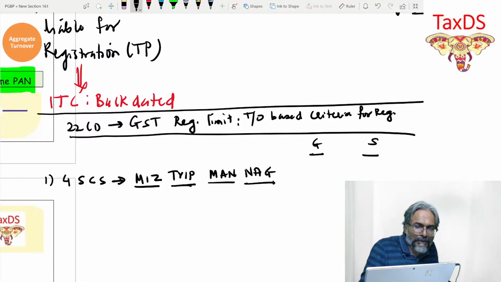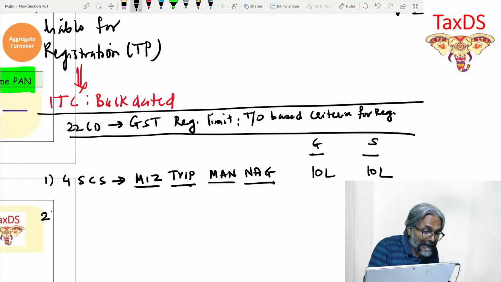So here, students, as you know, for goods and services, 10 lakhs is the limit in this context. Now the second one is very important over here.